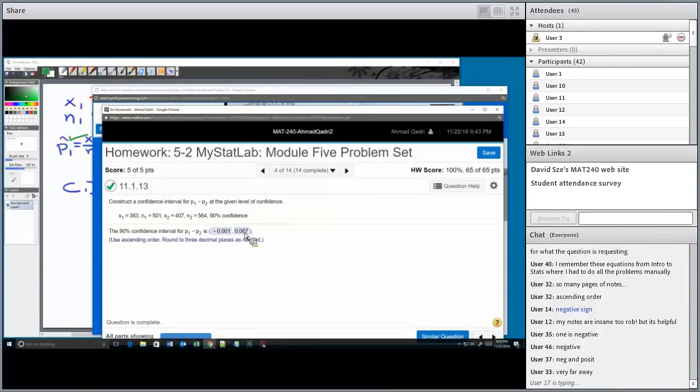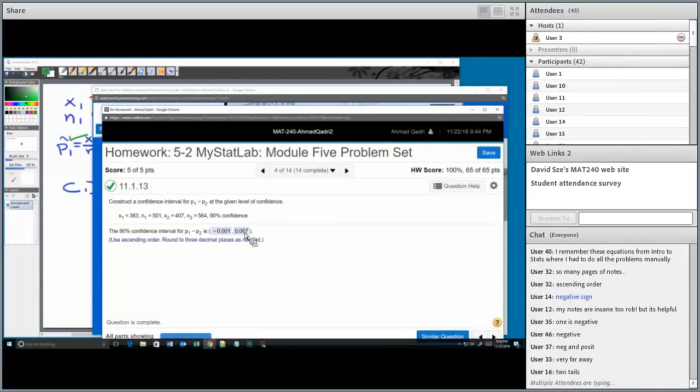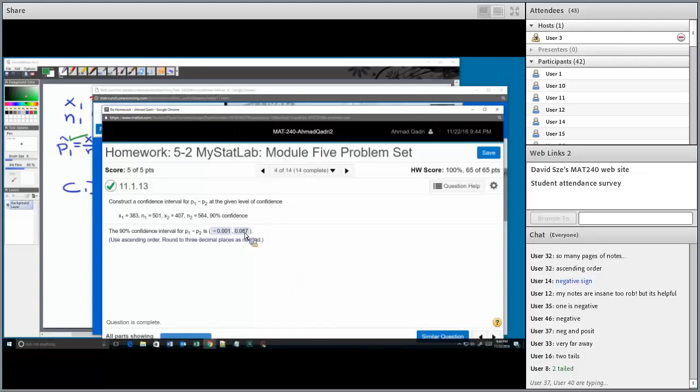There's something special about this confidence interval. Still not what I'm looking for. There's something in here that we talked about last week briefly. Okay, maybe I'll give the answer.